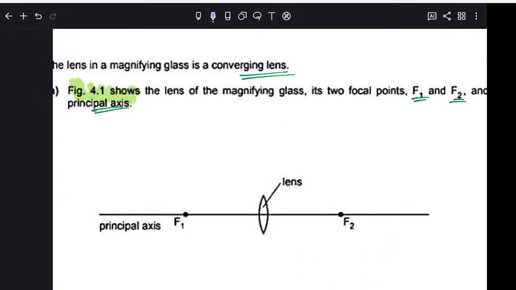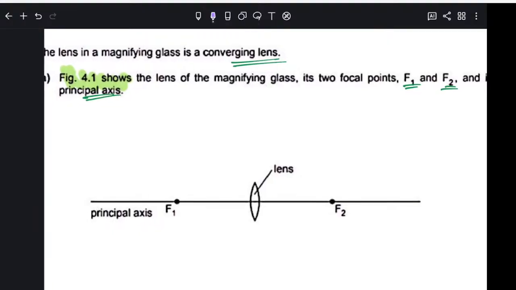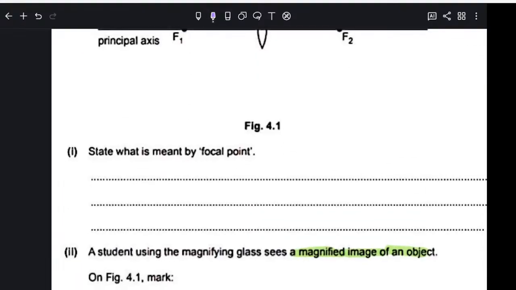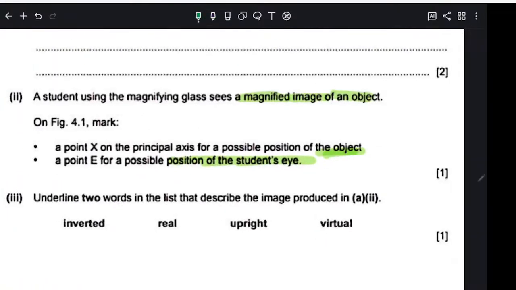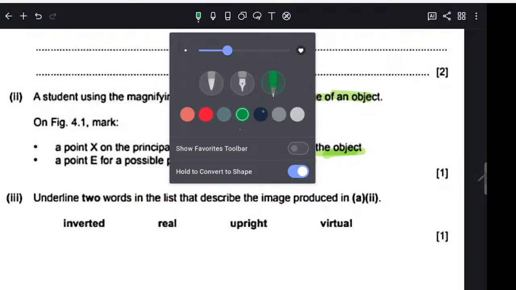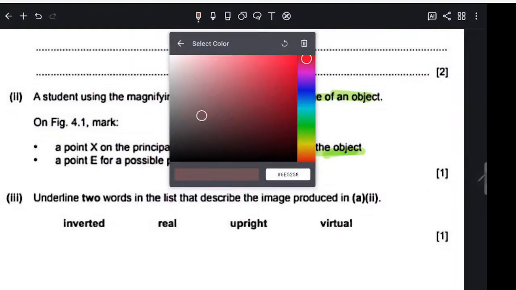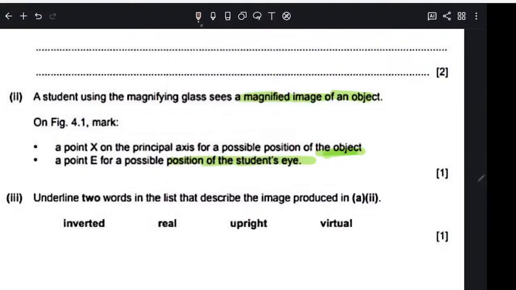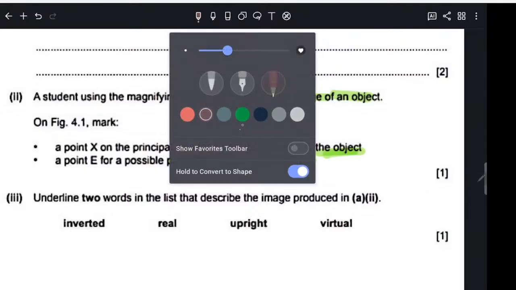Okay, so here we now keep going. Magnifying glass. Just put a possible position of your object, then call it X. Here, I'm trying to change to black. I don't know why it's refusing. All we want to see is where is the object when we want to draw the image of a magnifying glass. Where do we place an object? So I'm going to use, okay, maybe this red is okay.